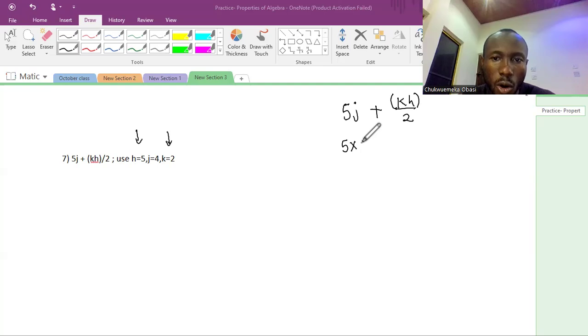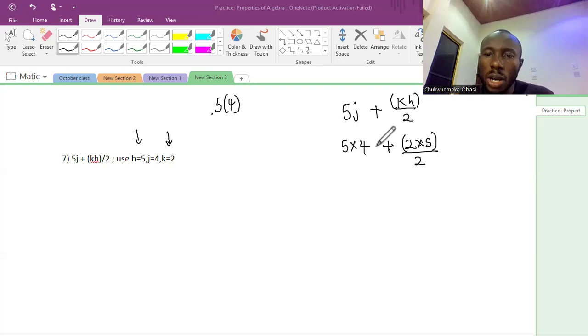So when you now substitute the value of j, j is 4. You can go ahead and write it like this, 5 and 4. This is still the same as multiplication, okay? But maybe let's write it this way. So k is 2, and kh is 2 times h, right? So h is 5 again. That's 2 times 5, all over 2 in bracket, like this. So what is 5 times 4?